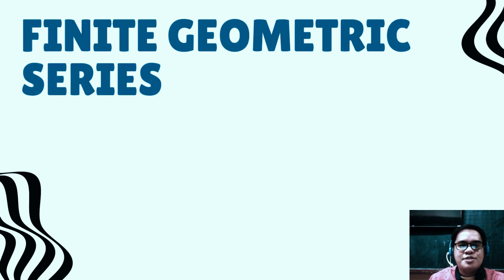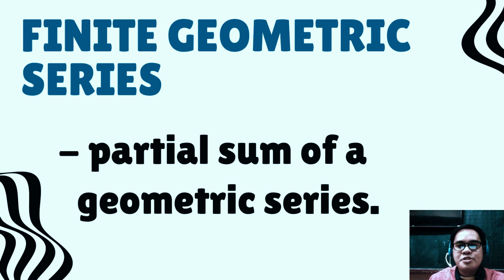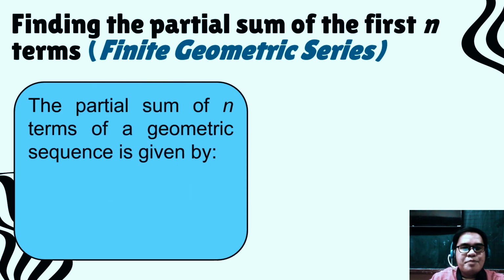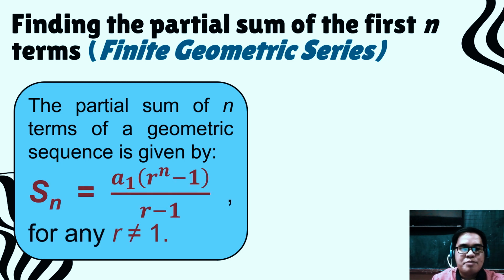Types of geometric series. The first one is finite geometric series, and it is a partial sum of geometric series. To find the partial sum of the first n terms, the partial sum of n terms of a geometric sequence is given by this formula.